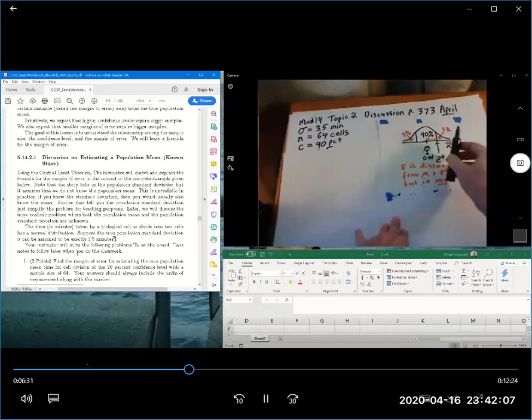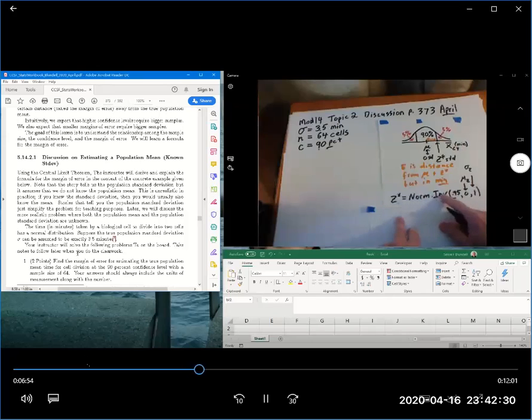The way the function's written, you have to give this function all the area to the left of the point you're looking for. So that's the 90% in the middle plus the 5% on the left edge. And the Excel function that does this for you, it's norm.inv, norm.inv.